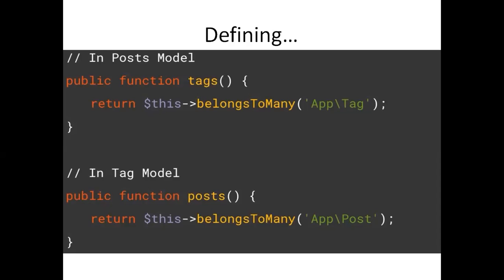Understand? Yes. But here, if you have any tag, in the tag also we cannot give the relationship of one post, because one tag can belong to many posts. You understand, right? Yes.